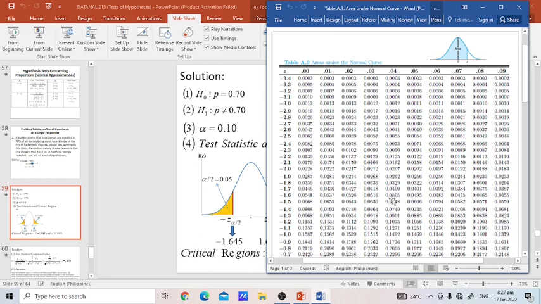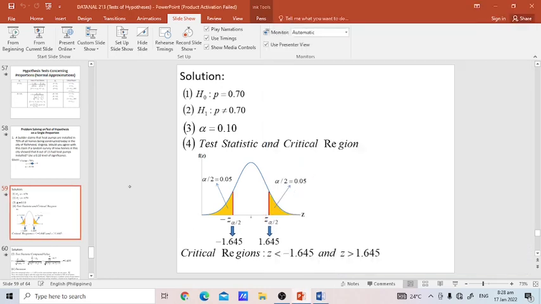So it's between negative 1.64 and negative 1.65. So we'll get the average of negative 1.64 and negative 1.65. We will arrive with negative 1.645. So that's why we have negative 1.645, and these are the critical regions now. So we proceed.